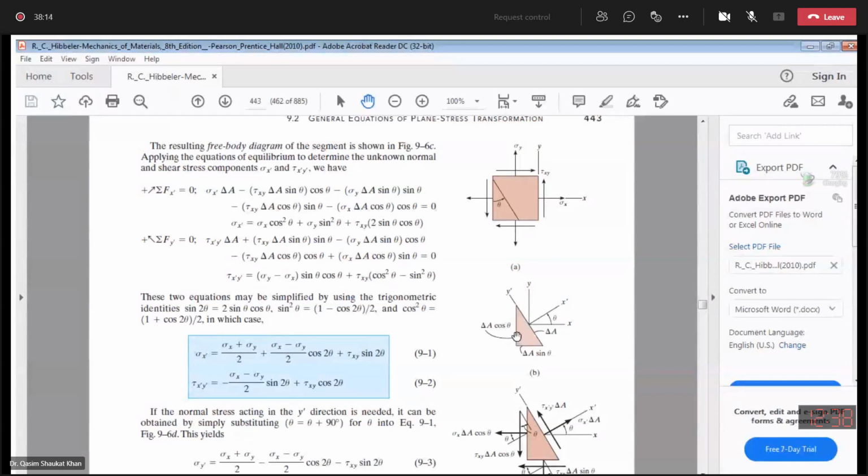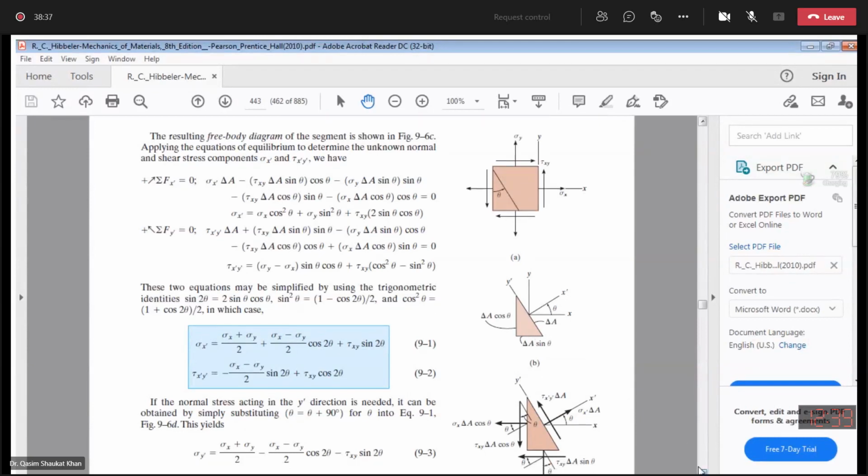This angle is 90 degrees. So this is the base and this is the perpendicular. So the component of this area delta A along the base is delta A cos theta, and along the perpendicular it is delta A sin theta. Okay, is this point clear? Yes, sir.